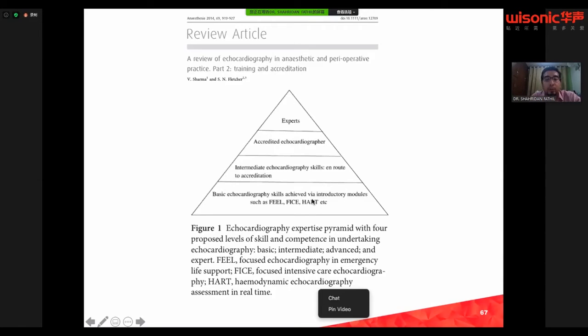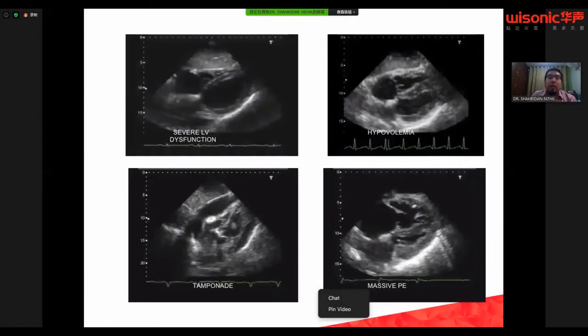When we say focused echocardiography, we are not diagnosing something which is a bit more complicated. What we want is to diagnose at least these 4 conditions.